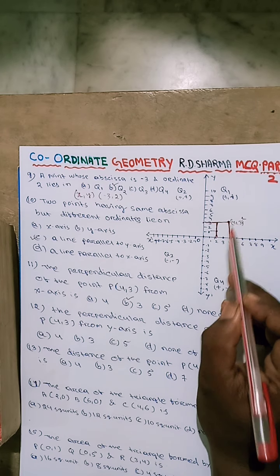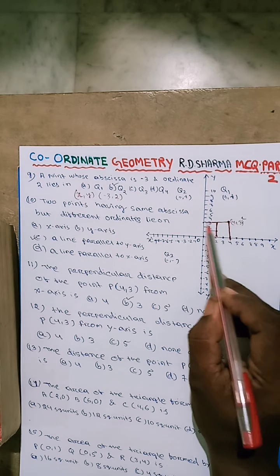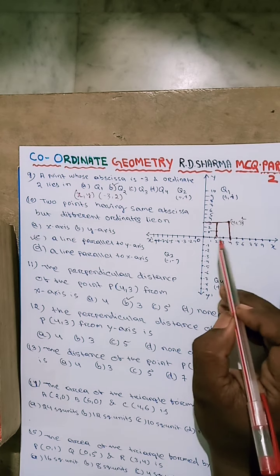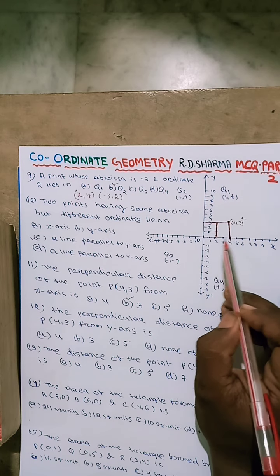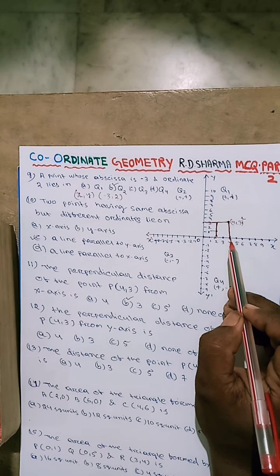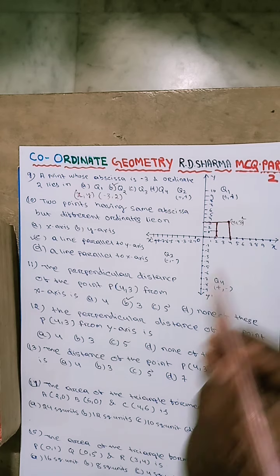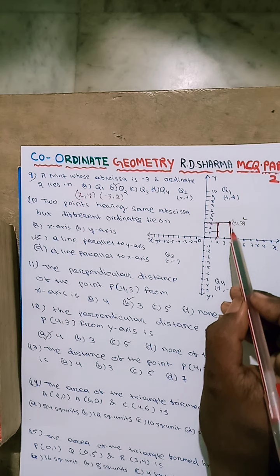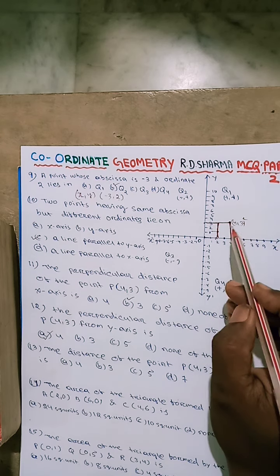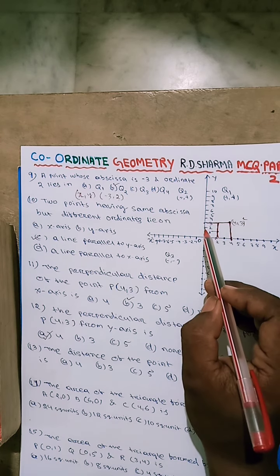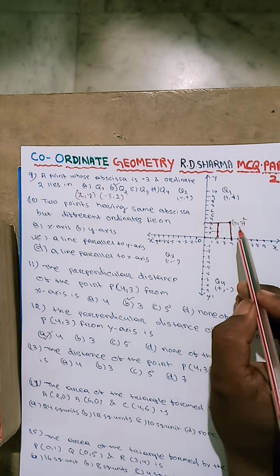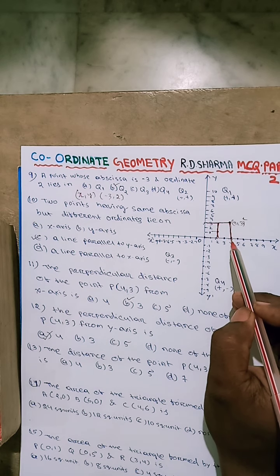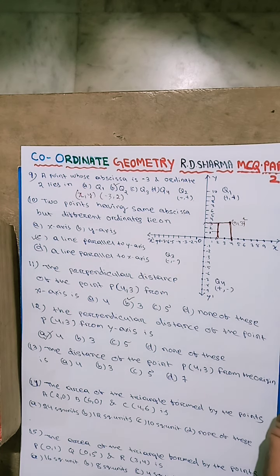So from this point to this point is the perpendicular distance, the value of the abscissa, 4. So the perpendicular distance of the point (4, 3) is equal to 4. Remember in short: the perpendicular distance to the y-axis is equal to the abscissa, and the perpendicular distance to the x-axis is equal to the ordinate.